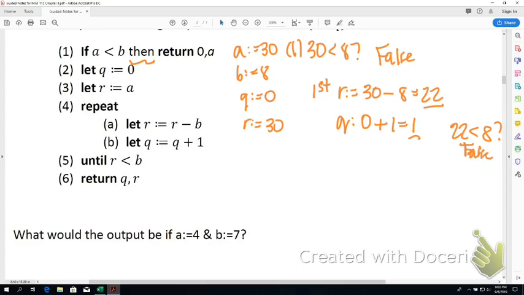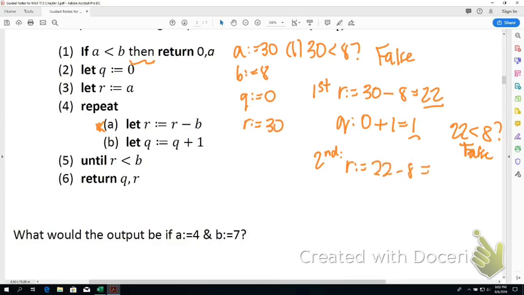Okay, so what I'm going to do is I'm going to go back up and do 4. Right, start at A again. So the second time through this loop, I'm going to do R is assigned as R minus B. So remember, R is currently 22. So R would be assigned as 22 minus B, which is 8.